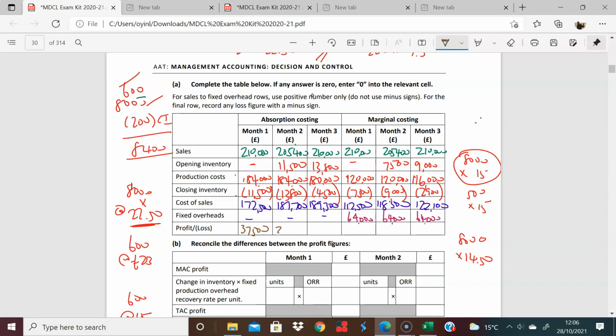Just wind, that's all. 23,700. And then you have 210,000 minus 189,300, and that's 20,700.